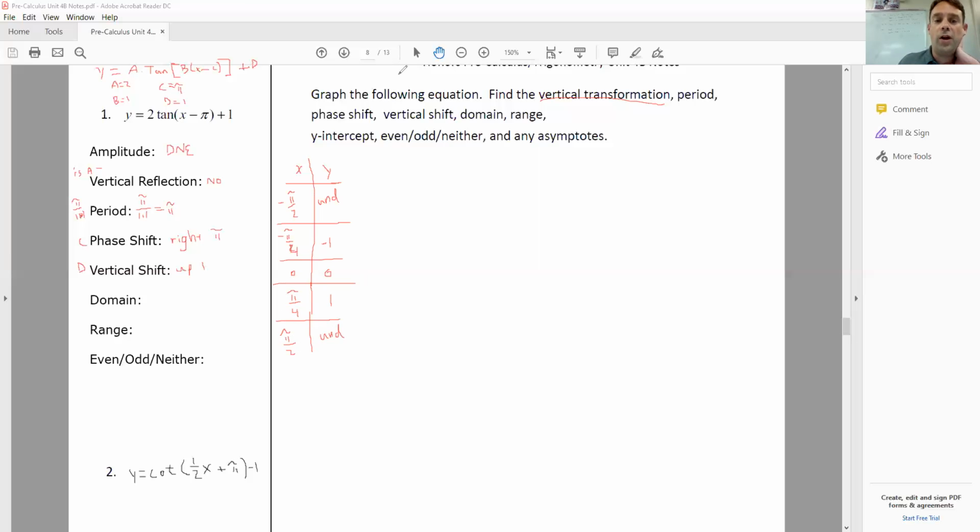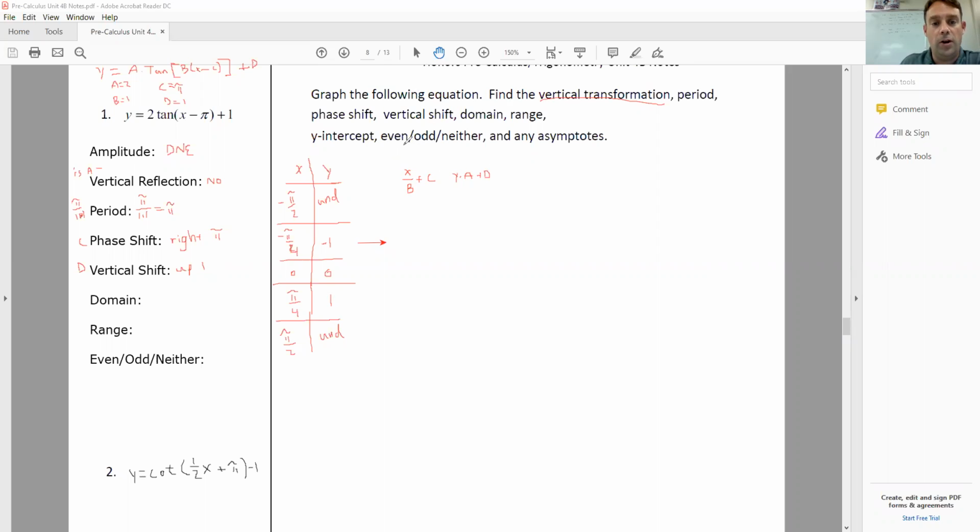We still are graphing it the exact same way. So we're still going x divided by b plus c, still going y times a plus d. So we're still using our transformations to graph these things.